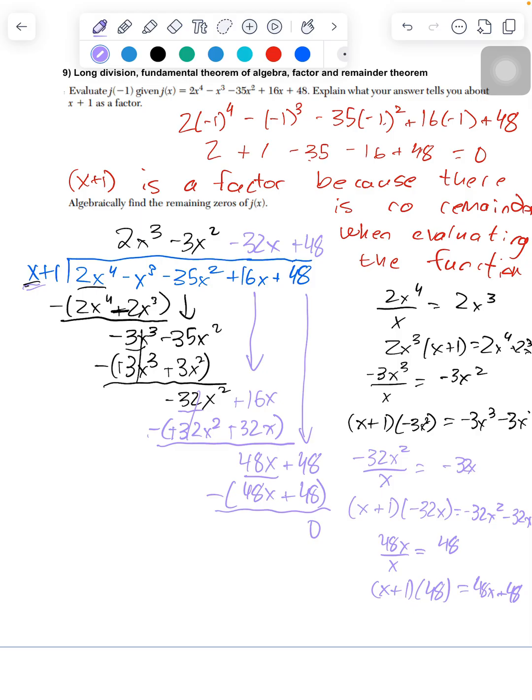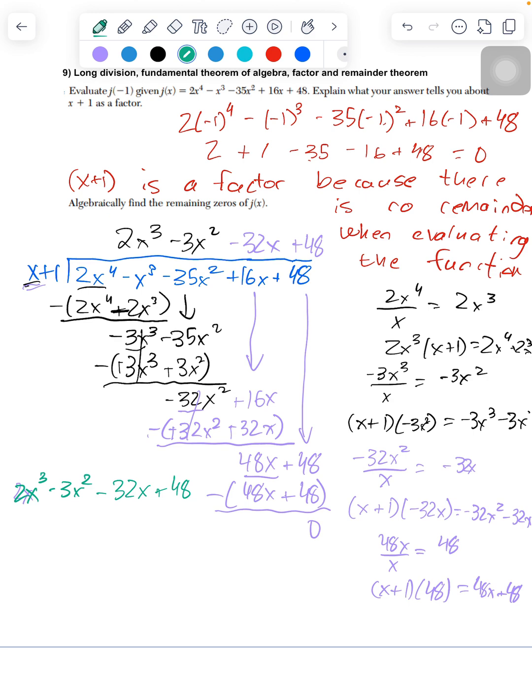Okay, so I'm done, right? Nope. Now I have to find the remaining zeros of j of x, so I'm going to have to factor this, right? So I'm going to have 2x cubed minus 3x squared minus 32x plus 48.